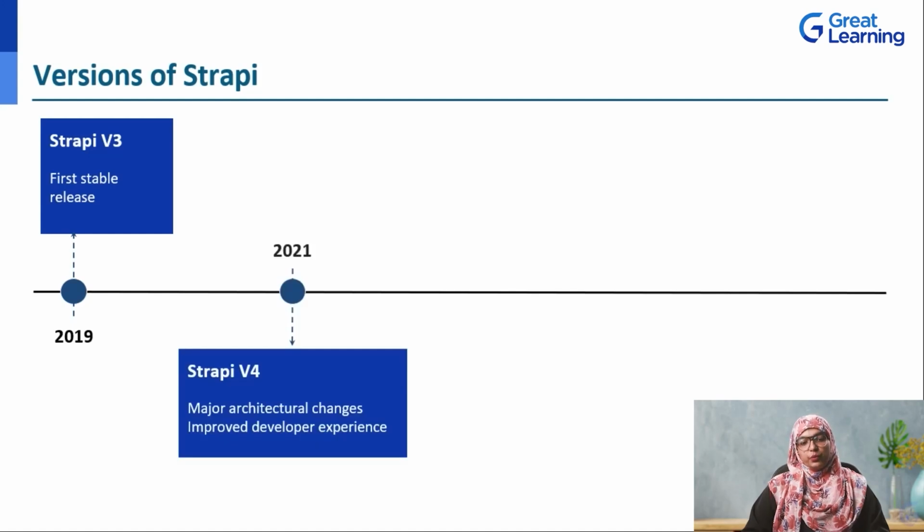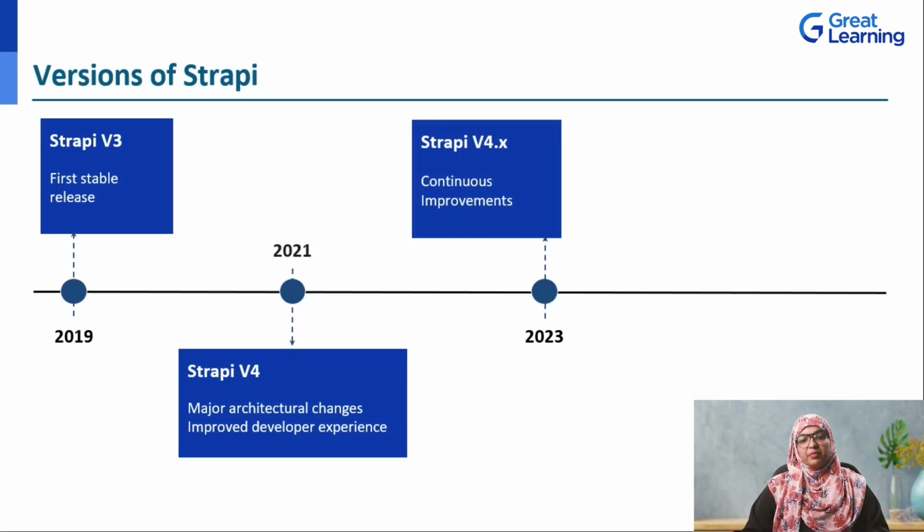Then in 2021, we have Strapi version 4, which was majorly built on architectural changes as well as improvements based on developer experiences. This is the stable version which we are currently working on. Then we have Strapi version 4.x, with continuous improvements happening based on the learnings of Strapi 4, but currently we are going with Strapi version 4 itself.